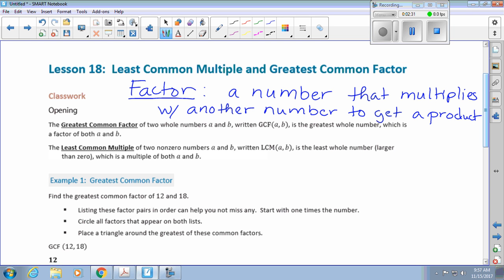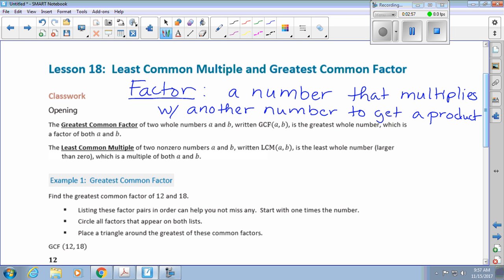All right, so when we're talking about factors, we're talking about the numbers that we use to multiply. So for example, I can multiply 2 times 3 and get the product of 6, right? So 2 and 3 are factors of 6. It's a number that goes into the 6. Okay?